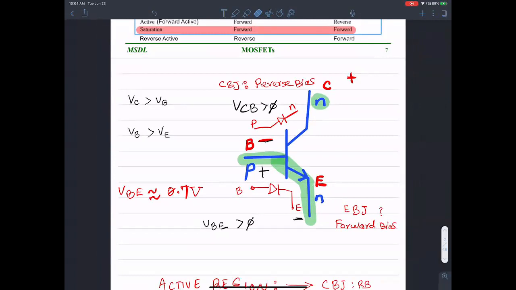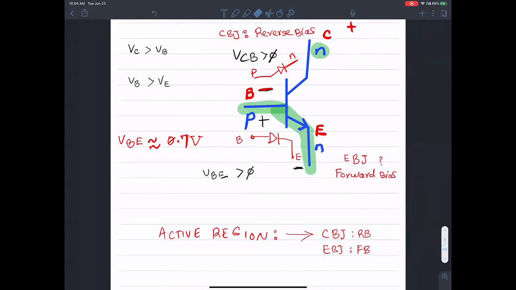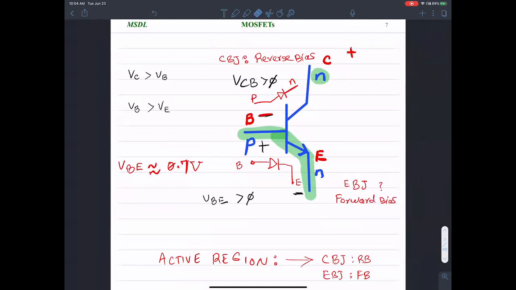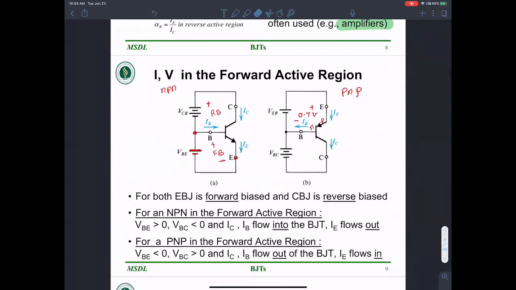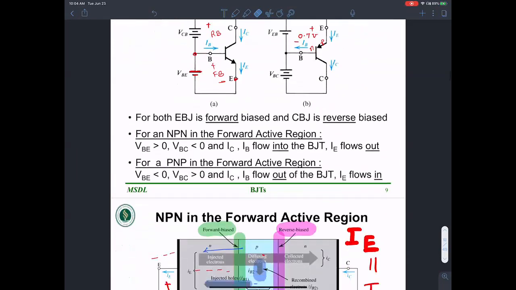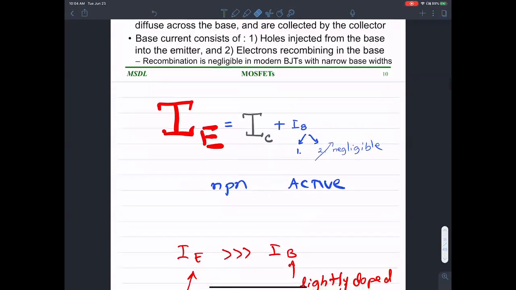Typically in the active region, the base emitter junction is forward biased, while the collector base junction is reverse biased. We looked at the regions of operation and then the corresponding PNP transistor, for which VEB should be positive. And I mentioned the emitter current is the sum: a big chunk of that is collector current, and a small teeny tiny amount is going into the base.